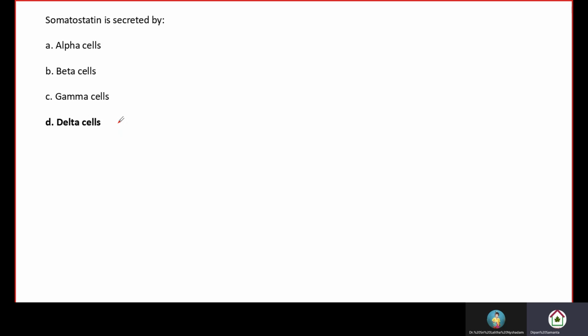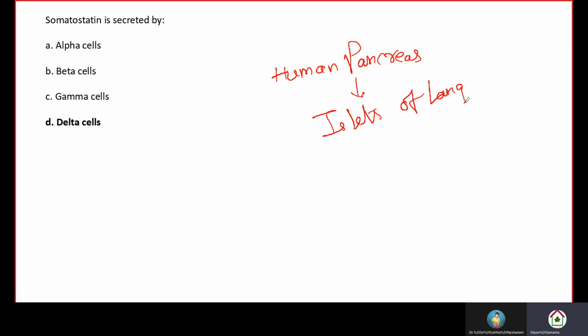You need to know that the human pancreas has 1 to 2 million islets of Langerhans. These islets contain 3 major types of cells, that is alpha, beta, and delta.